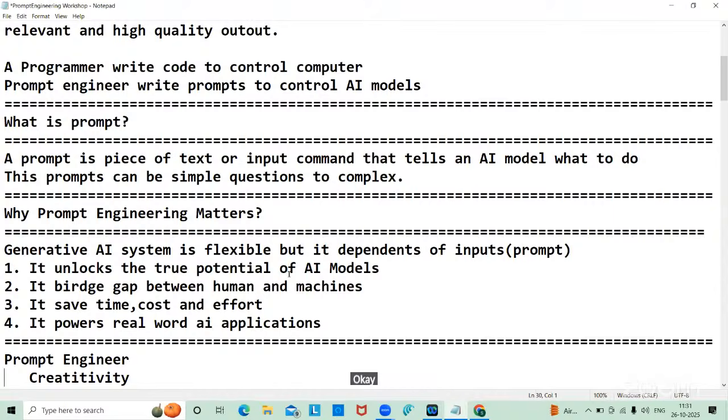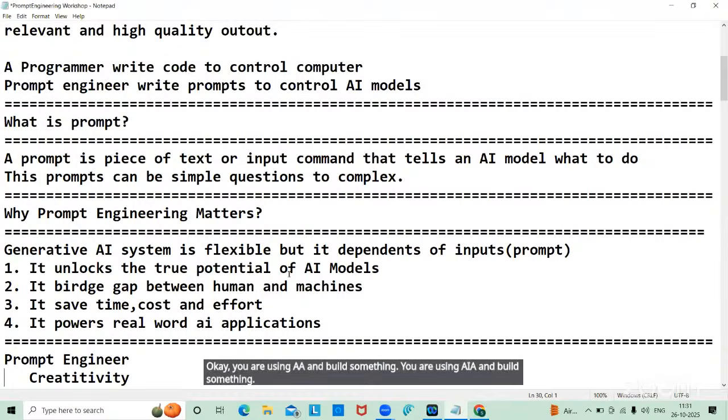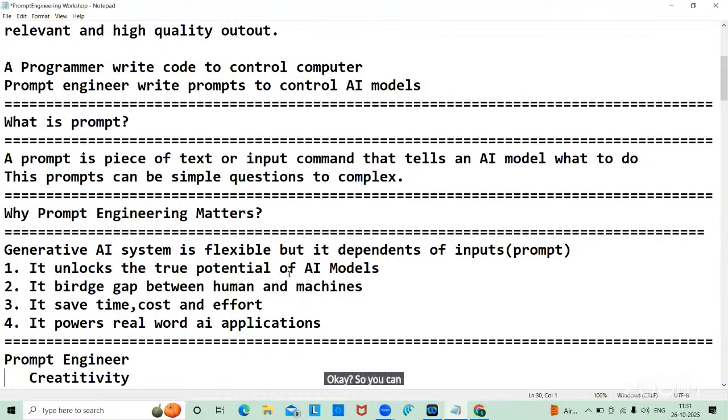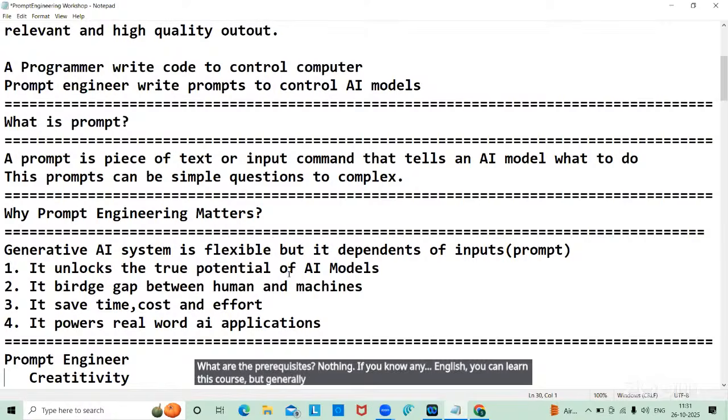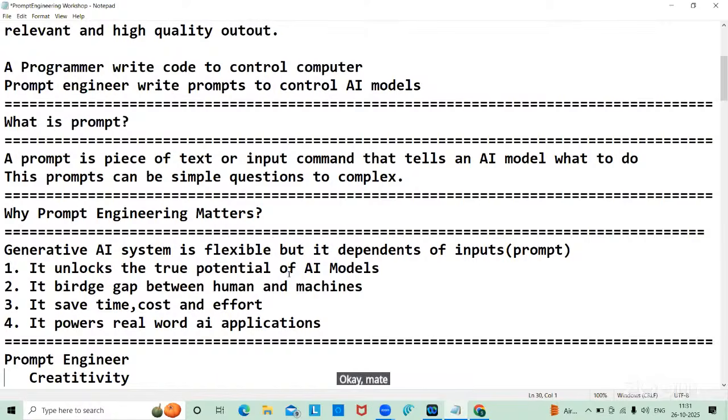You are using AI and building something. You can ask the NareshIT people. What are the prerequisites? Nothing. If you know English, you can learn this course. But generally, it is connected with Python.